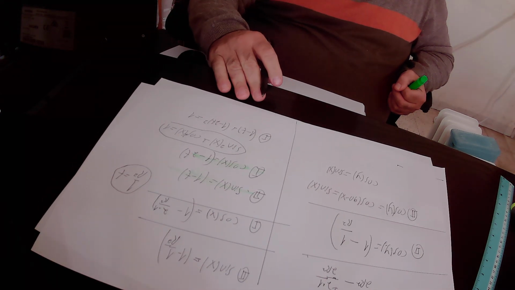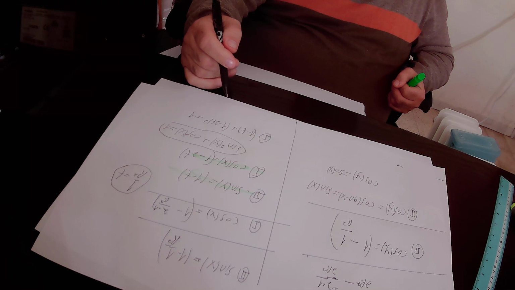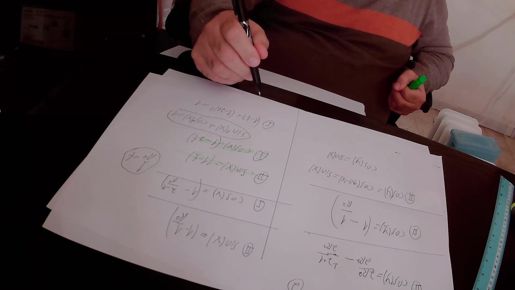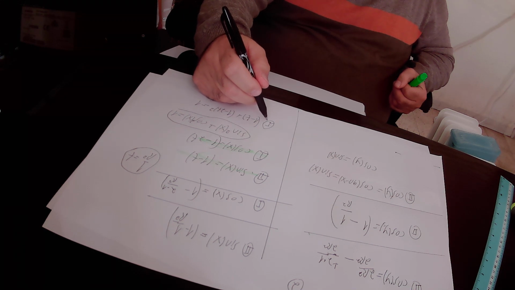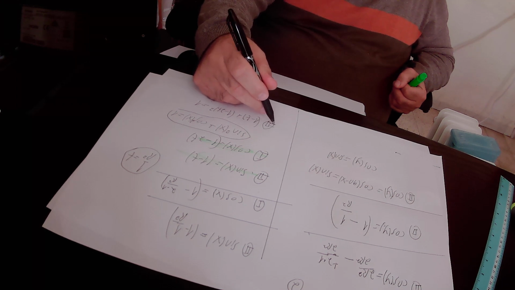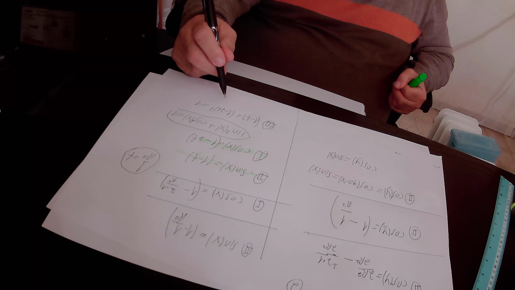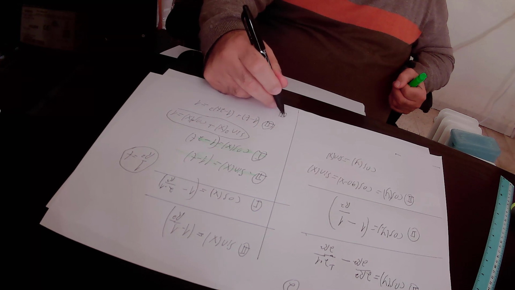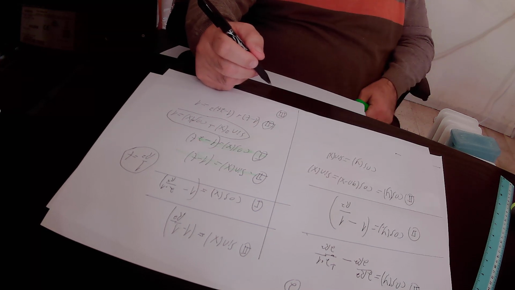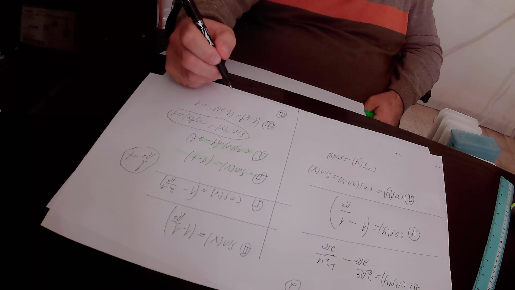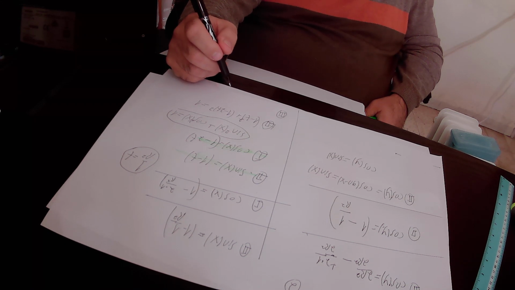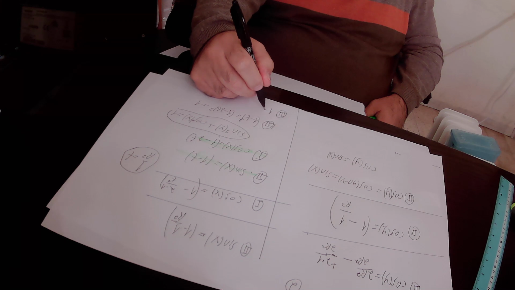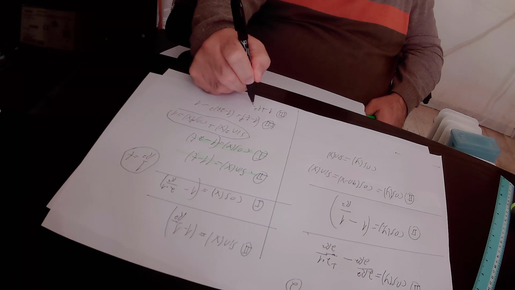The next step, we'll open the brackets on this side of the equation. This will be equation number 3. We open the brackets and we get that 1 minus t squared equals 1 square, that is 1, plus t square minus 2t.